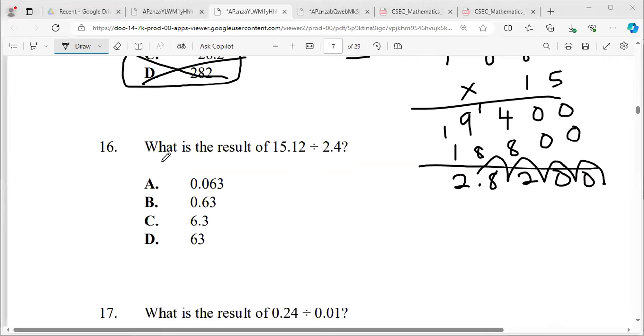Alright, so you say, what is the result of 15.12 divided by 2.4? So what it is, guys, when we're dividing by a decimal, we have to change the decimal into what we call a whole number. So you see the 2.4, we're going to turn that into 24. But what we have to do in order to do that, we have to move the decimal point one place to our right.